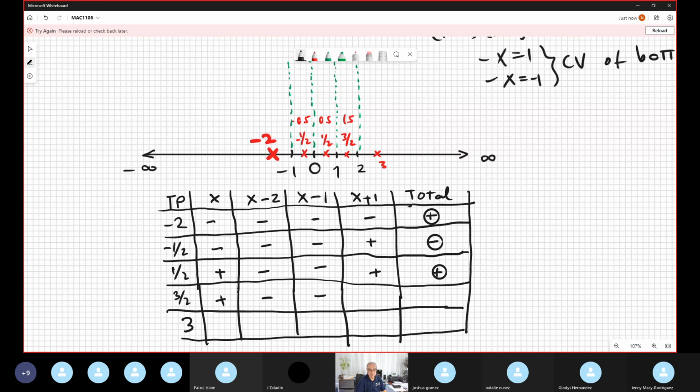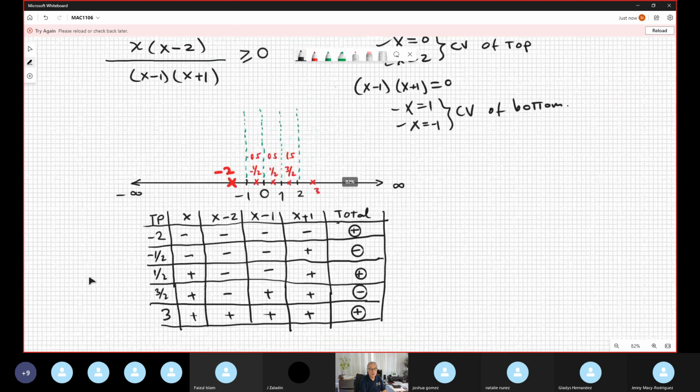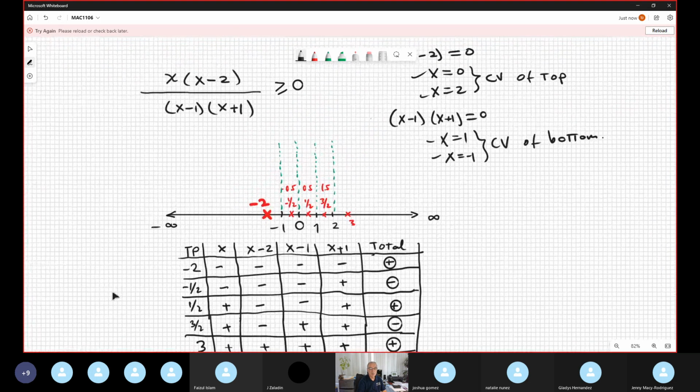3/2 is positive. It's negative because 1.5 is smaller than. But here is positive. Here is positive. 1 negative is negative. And 3, I suppose everything is positive. Not always does this happen, but in this case it happens. I forgot, I come back to the beginning. At the beginning I said that my expression that I try to investigate would be greater than or equal to 0.